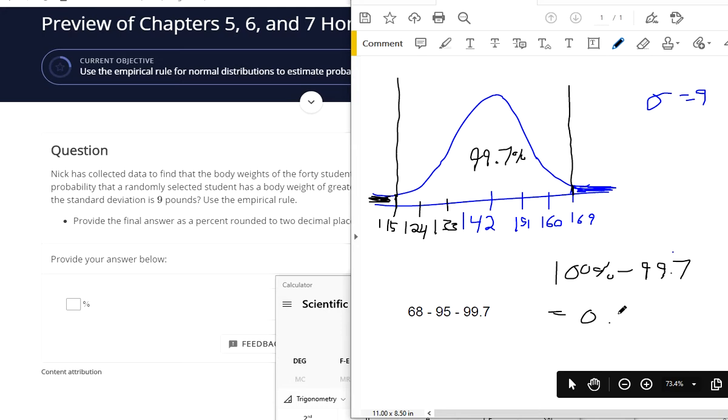So 0.3%. So that's for both these tails combined. So to find out just the blue tail that we were asked for, the probability of being greater than 169, you just need to divide this by 2. So it gives us 0.15 if you do that with the calculator.